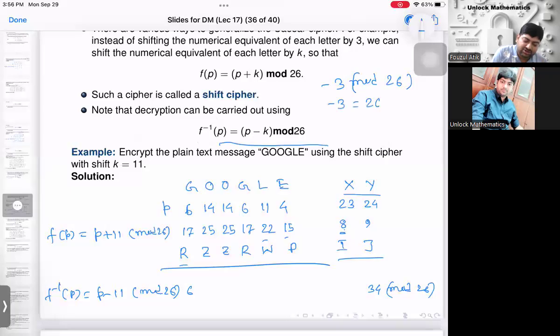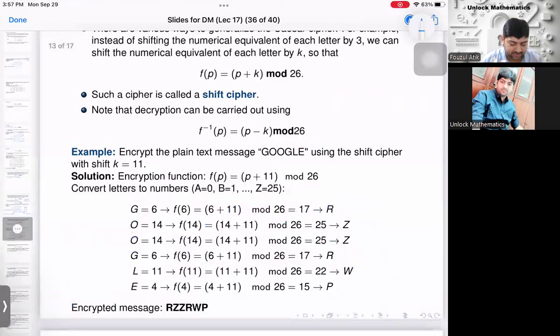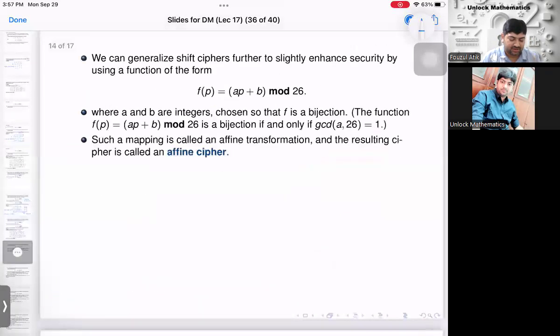You can write it as 26 times minus 1 plus 23, so the corresponding number is 23, which stands for X. So I is actually the original message X. I hope you understand all these things: how to encrypt and decrypt using the Caesar cipher or any shift cipher. So this is the complete answer for the word Google.